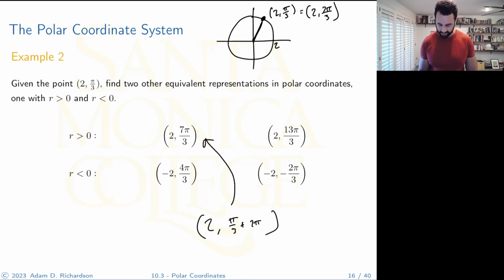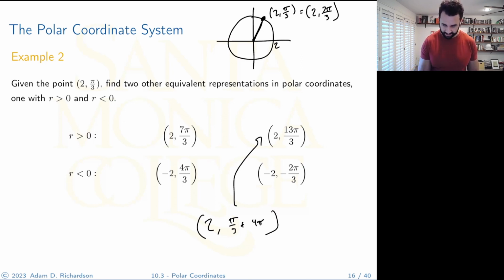And then you could do it again. So that's what I did for this point right here. What I did was instead of adding 2 pi, I added two pi's. I added 4 pi, and that's what gives me this other point right here, like so. So there's two equivalent representations with positive radius.